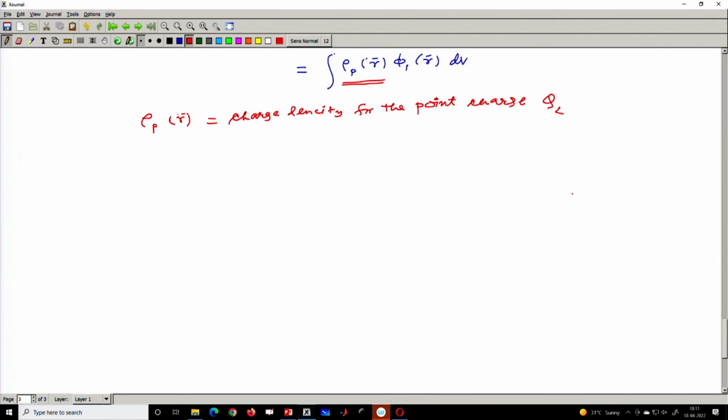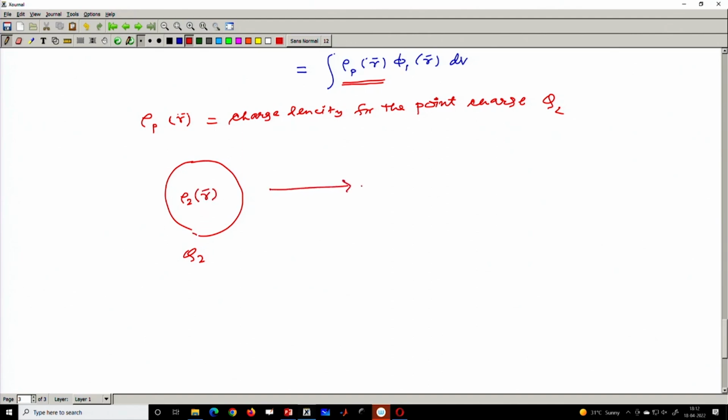Try to understand once again: I can make this q2 here distributed, having the charge density like this.